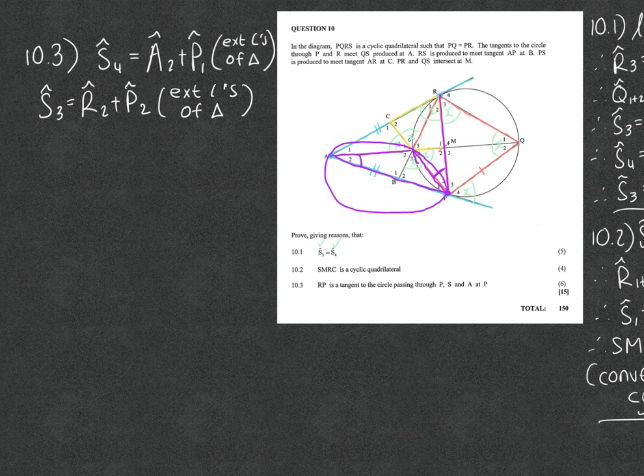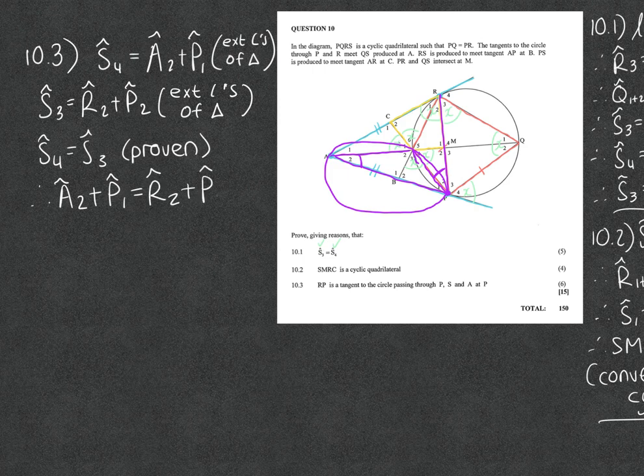And didn't we prove earlier that S3 and S4 are the exact same thing? Yes, we did. So therefore we can state, or let's also maybe put that in as a step, S4 equals S3, proven. Therefore, A2 plus P1 must equal R2 plus P2.